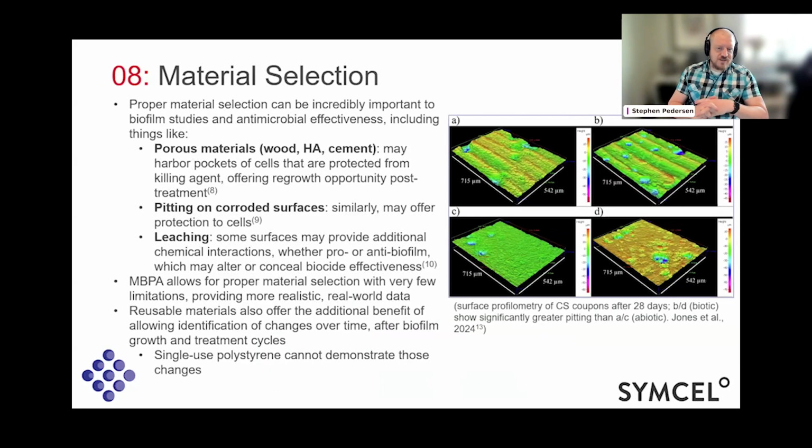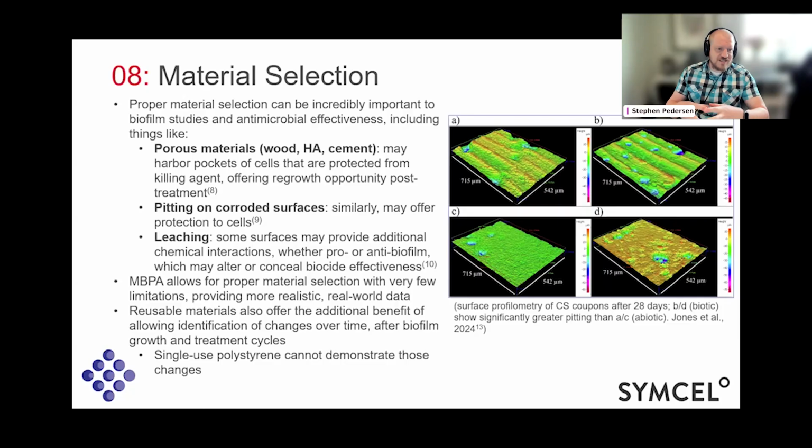Material selection, we think is obviously very important and a huge aspect of why this system is great right now. And a couple of reasons for that, just some examples of why you might need to use specific materials versus the polystyrene off-the-shelf MBEC include porous materials like wood, hydroxyapatite, cement.